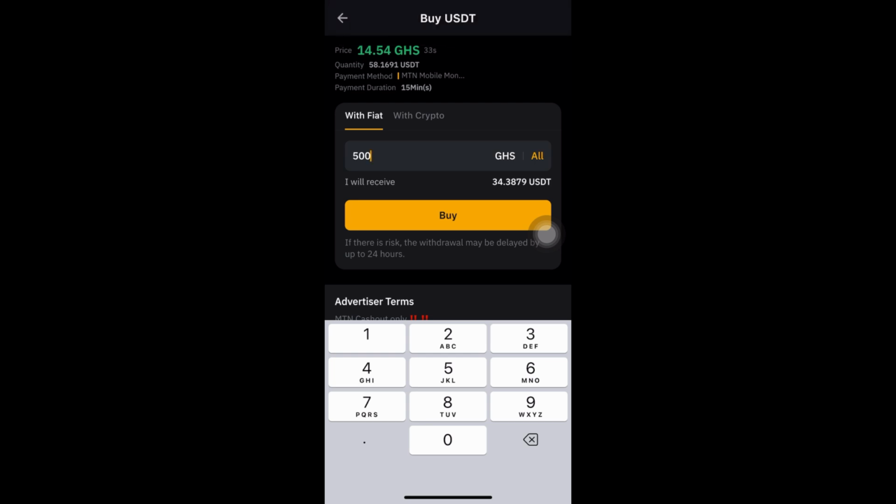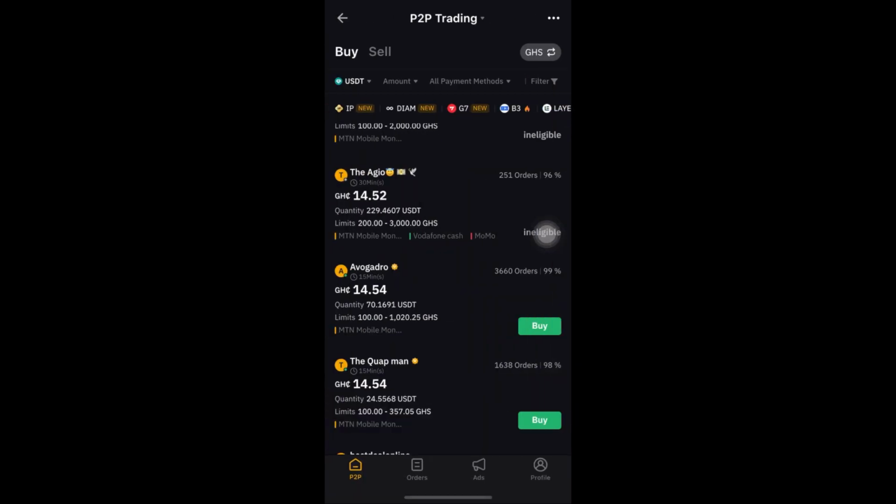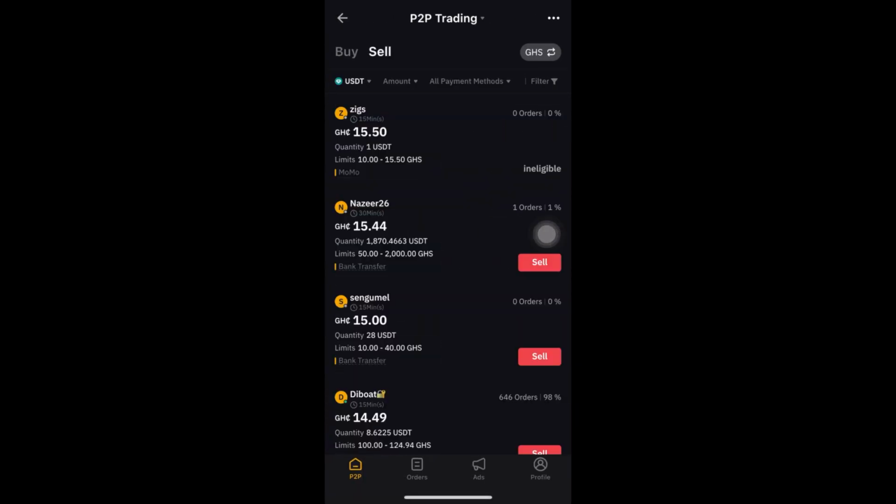So if I'm buying 500 Ghana cedis and getting 34.38 USDT, for me to get profit, I have to get more than the money I spent. So I have 34.38 right now, and then I'll go to sell.